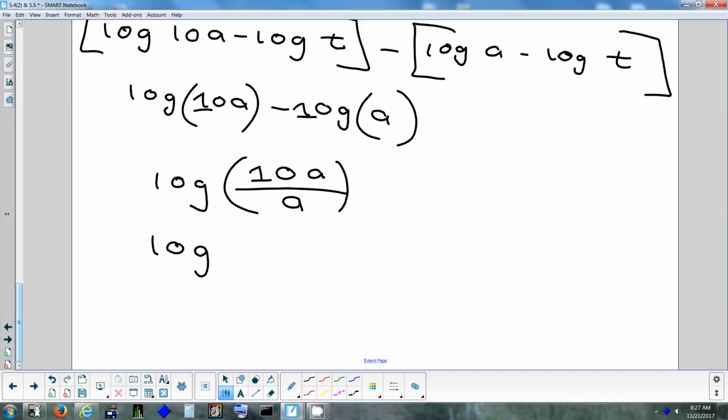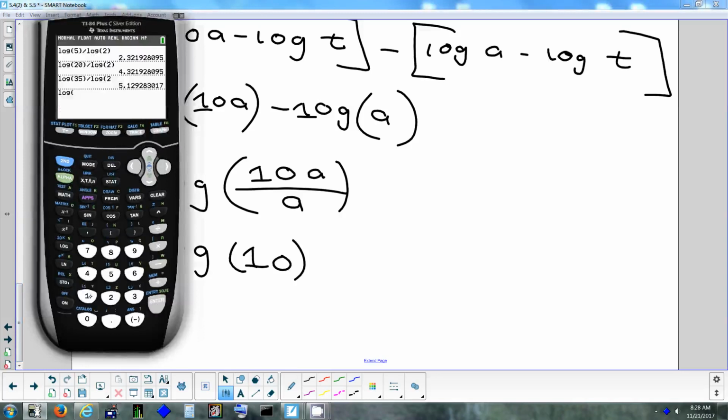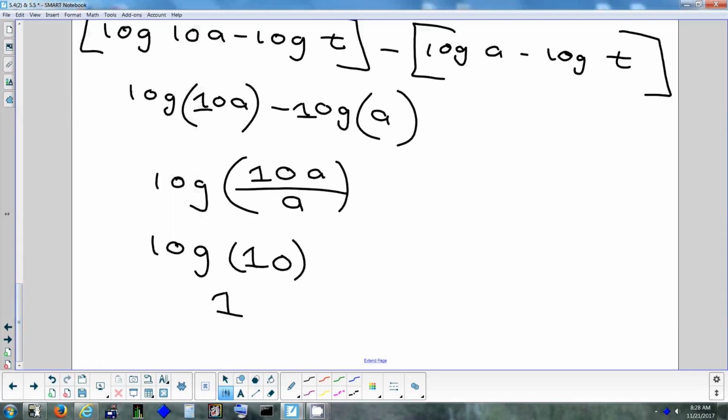And what happens inside the argument there? Yep. The a's cancel. And now all you're left with is a simple calculation, the log of 10. Well, if you type in log of 10 on the calculator, you get 1. So we just proved that if the vertical ground motion changes by a factor of 10, that's a change in 1 on the Richter scale.